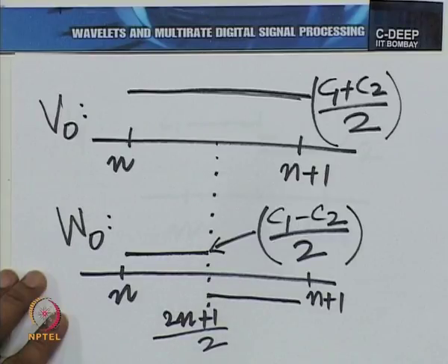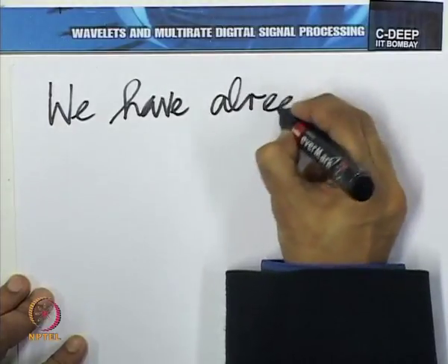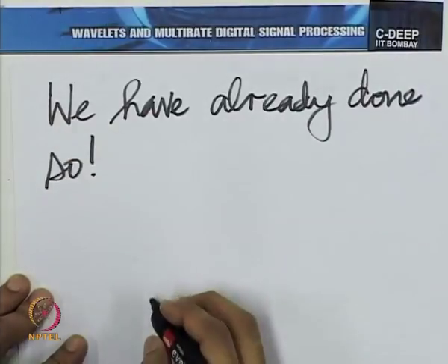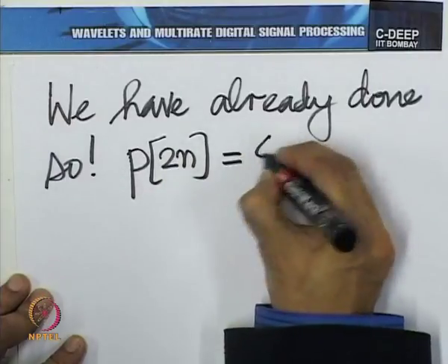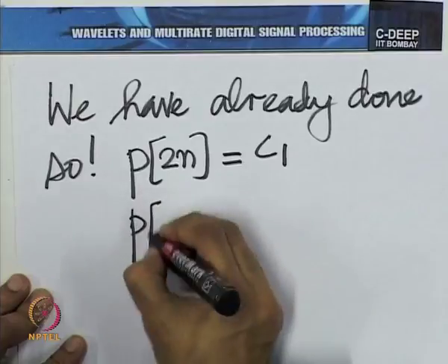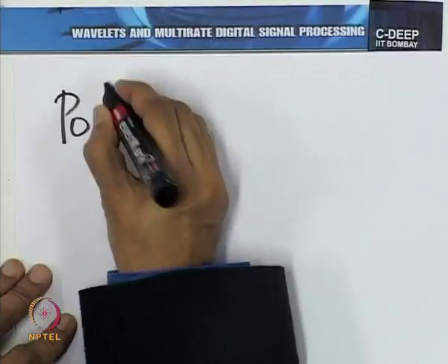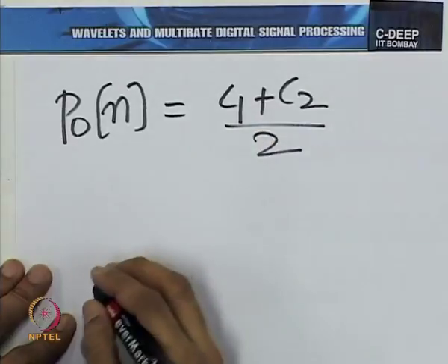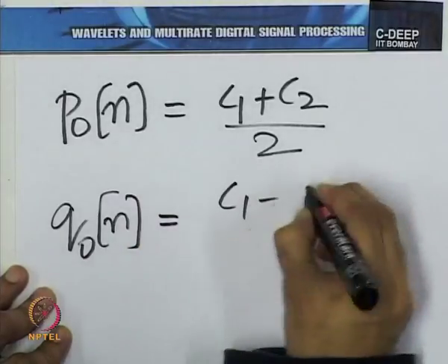Let me write down all these formally. So, I have a relationship there. I have almost done my job. What have we said? We have said P at 2n is C 1, P at 2n plus 1 is C 2, P 0 at n is C 1 plus C 2 by 2 and Q 0 at n is C 1 minus C 2 by 2.